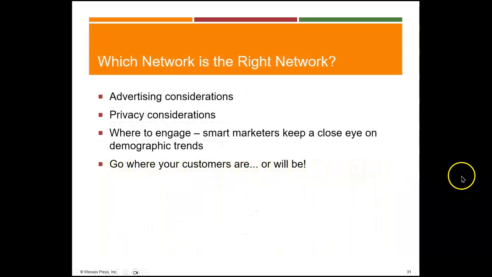Which network is the right network? You have to think of advertising considerations, privacy considerations, where to engage. Smart marketers keep a close eye on demographic trends and go where their customers are or will be.